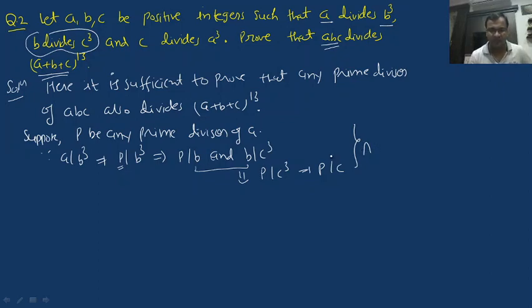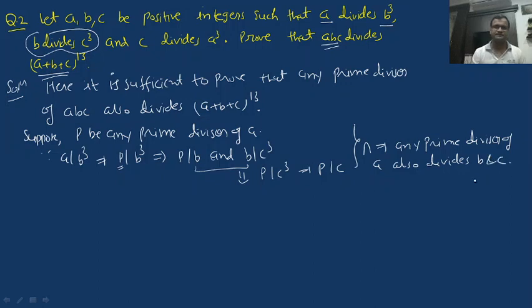It means together these three lines imply any prime divisor of A also divides B and C.